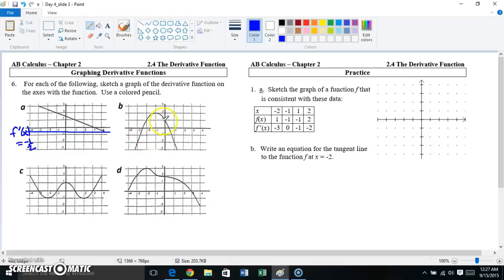Okay, second graph is a parabola. All right, what's my strategy? I like to start where is the slope equal to 0. I'm going to say the slope is 0 at negative 1. What are the slopes from negative 4 to negative 1? They're positive big, positive smaller, getting closer to 0.